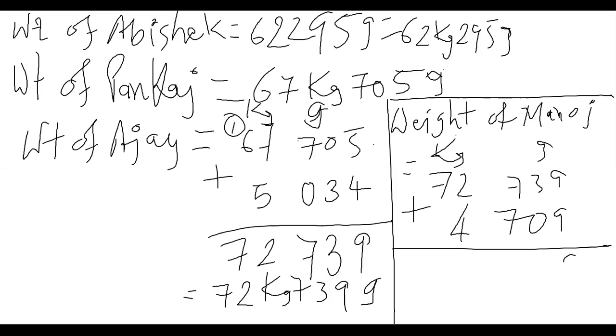So 9 plus 9 is 18, 8 and 1 carried over. 3 plus 1 is 4, 7 plus 4 is 7 and 14? We know when 14 comes here, 1 goes up. 2 plus 1 is 3, plus 4 is 7, and 7. So weight of Manoj is 77 kg and 448 grams.